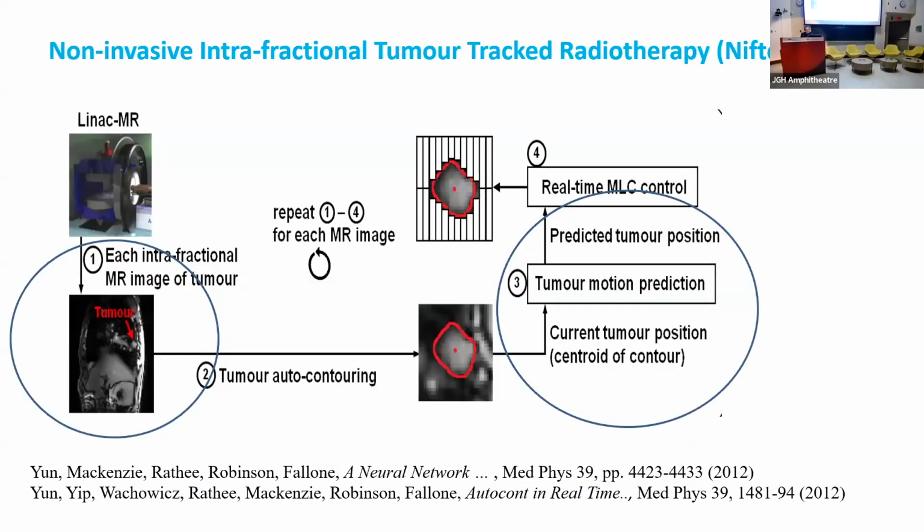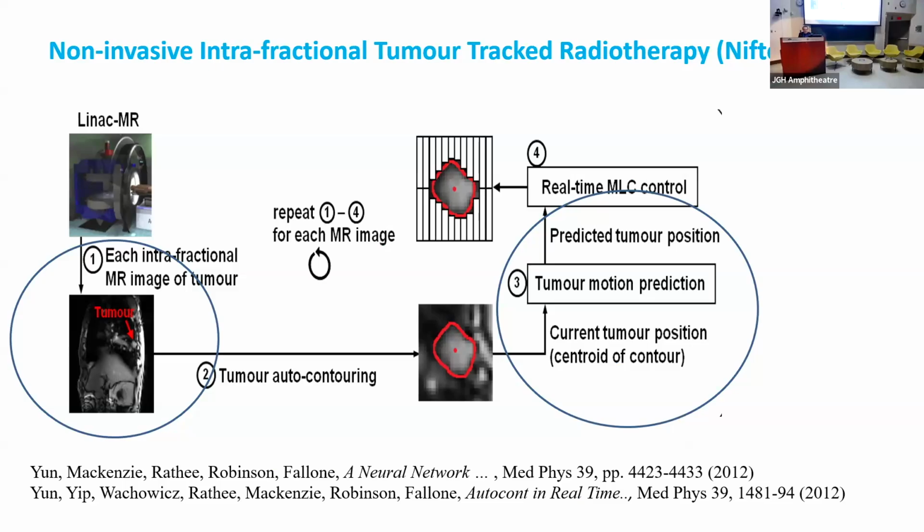So some of the students came up with this nifty approach. Essentially, we do fast acquisition and tumor auto contouring. We automatically contour the tumor and find the center. Then we have to predict where the tumor is going to be by the time I send the beam there. As soon as I do all the calculations, I'm breathing, and the tumor's moved. So I've got to predict, got to know how that particular patient breathes.